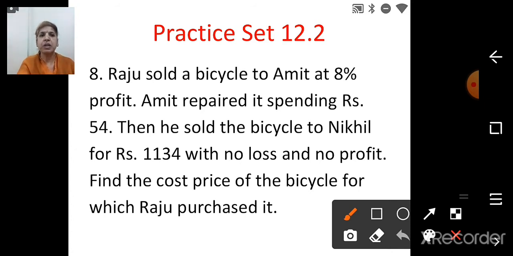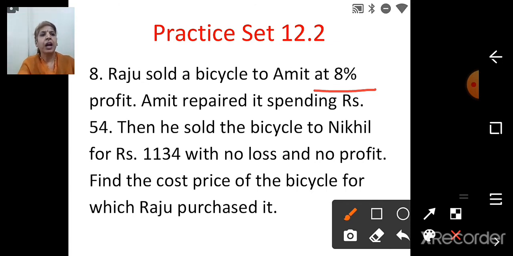Raju sold a bicycle to Amit at 8% profit. So profit is given in percent. So what we have to do? We have to first convert it into profit in rupees, because profit percent or even loss percent are based on cost price. So here cost price is given? No. And here cost price is asked, right?